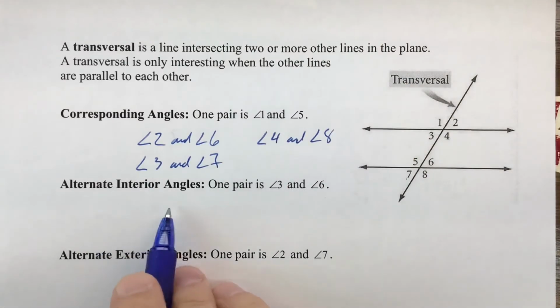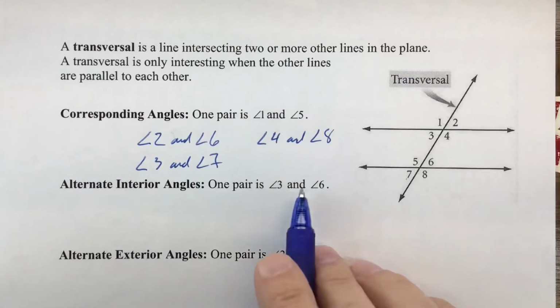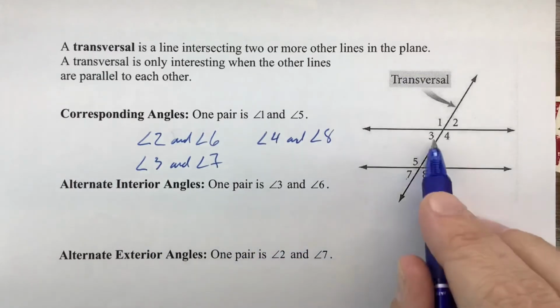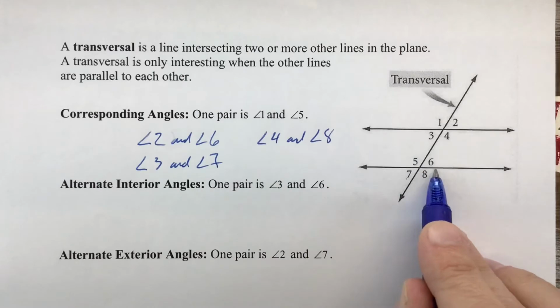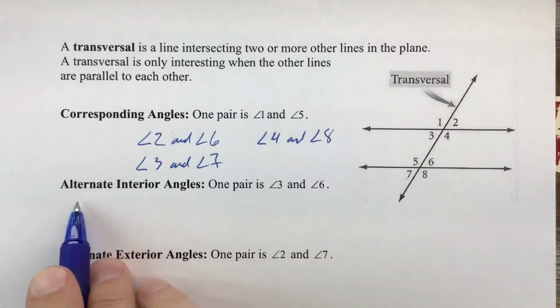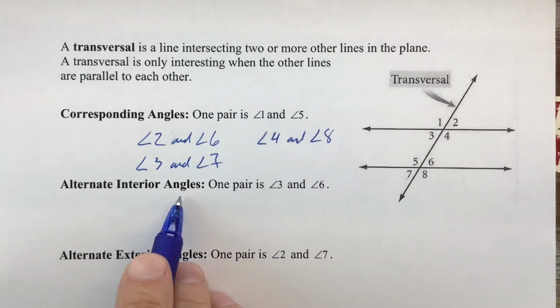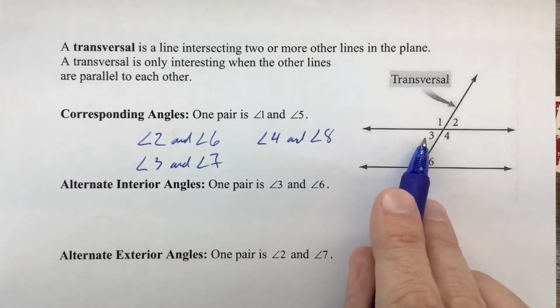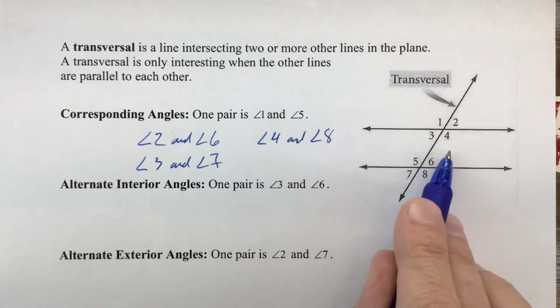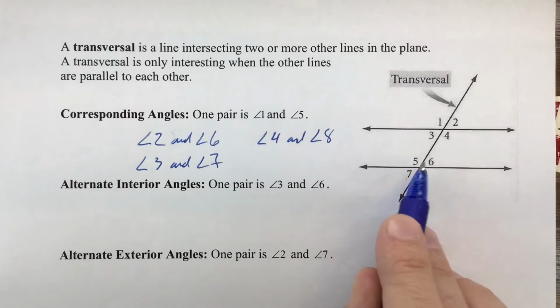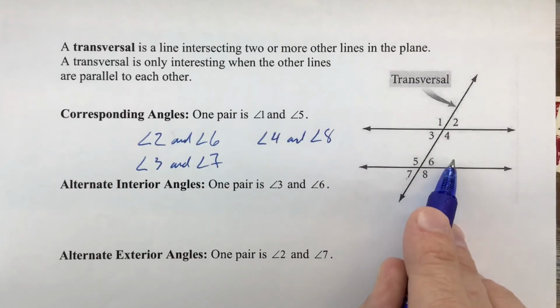All right, alternate interior angles, we actually only have 2 pairs of these in the picture. One of those pairs is going to be 3 and 6, which are located here. The reason for the name: alternate means that the angles are going to be on opposite sides of the transversal. So 3 is to the left of the transversal, 6 is to the right. That's the alternate part.